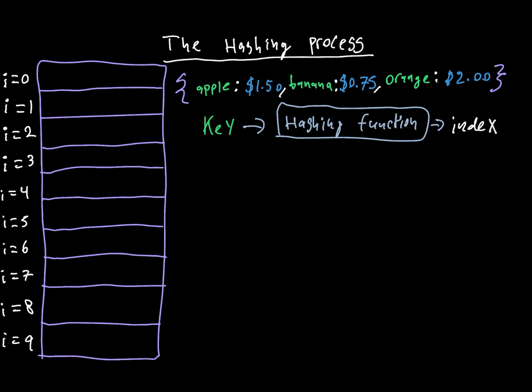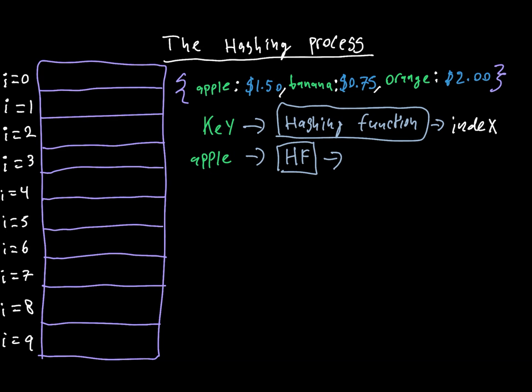In this example, we are going to be using fruits as the key and then the price of the fruits as the value. So we have apple. We are going to pass it into the hashing function. For now, we are going to keep the hashing function as a black box, just so we can understand the basic concept.